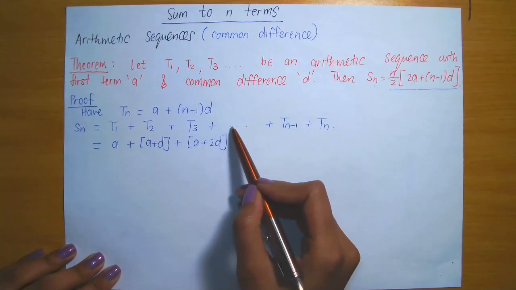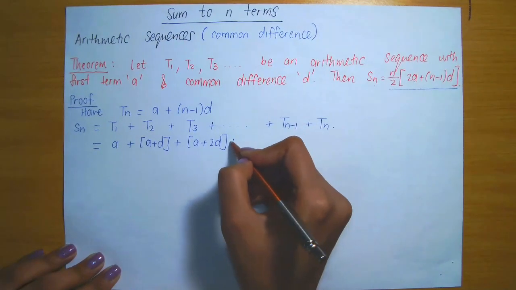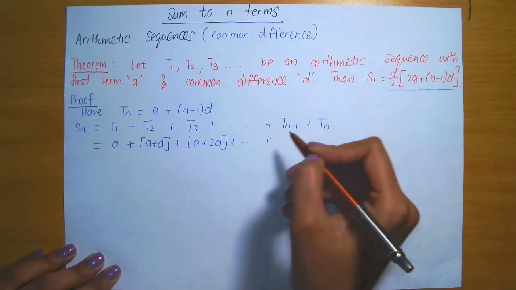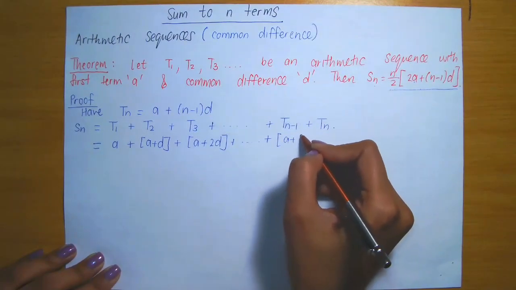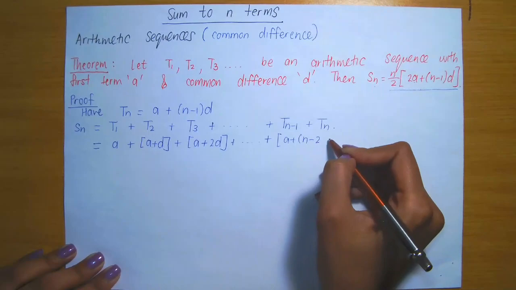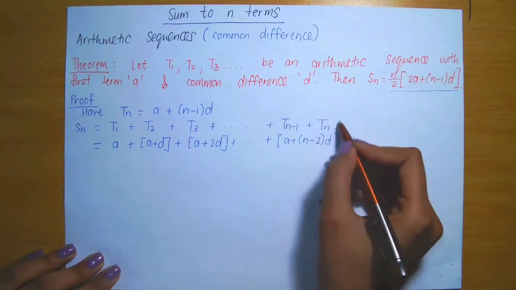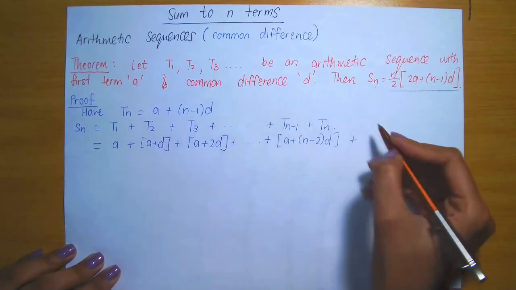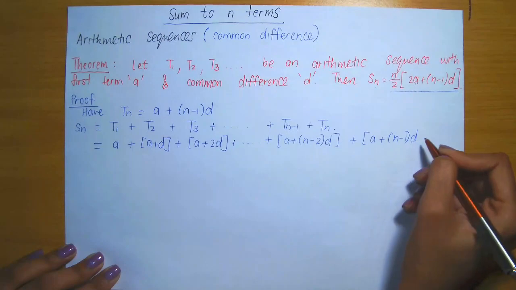And you will be able to generate T4, T5, T6, and so on, depending on how many terms we have in here. Right, so Tn minus 1 by our general formula is A plus n minus 2 times d. And of course we know that Tn is given by A plus n minus 1 d.